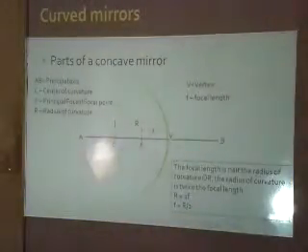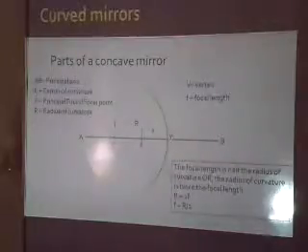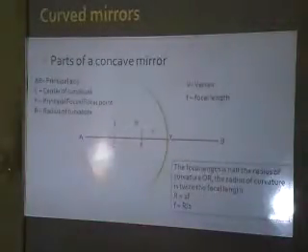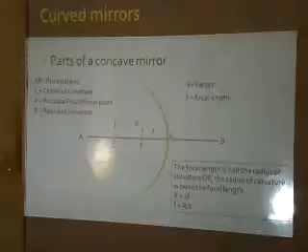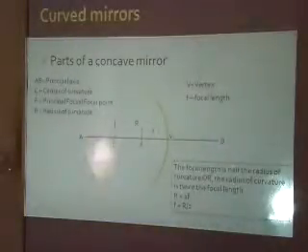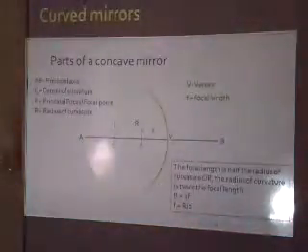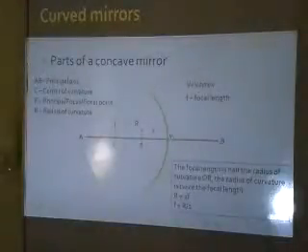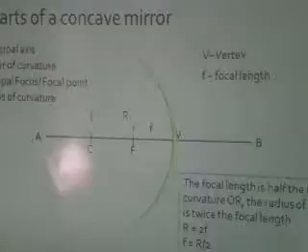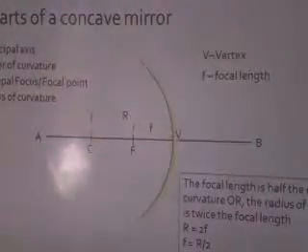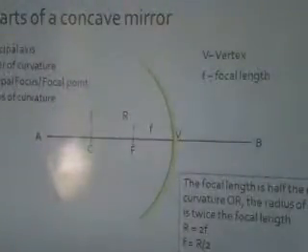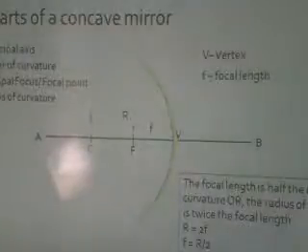And then between the mirror and the focal point, we have the focal length. The focal length is half the radius of the mirror. And the radius is the distance between the center of curvature and the vertex of the mirror.